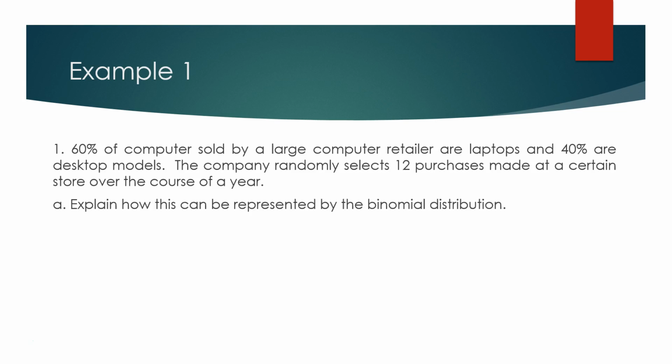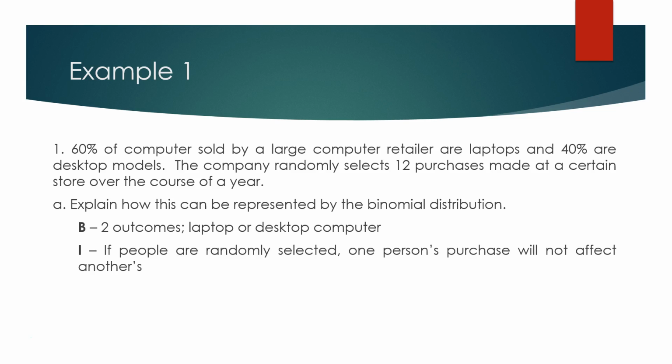Explain how this can be represented by the binomial distribution. So this is where the acronym BINS would apply. B for binary, there are two outcomes, either buying a laptop or a desktop. Independence is going to be taken care of since the people are randomly selected. There is a fixed number of 12 purchases that they're going to be looking at.